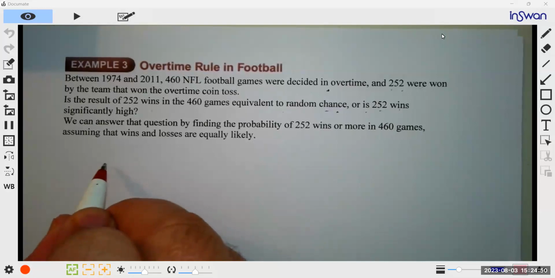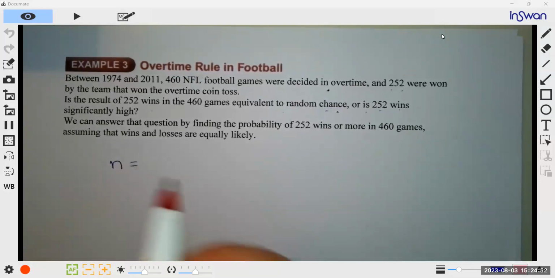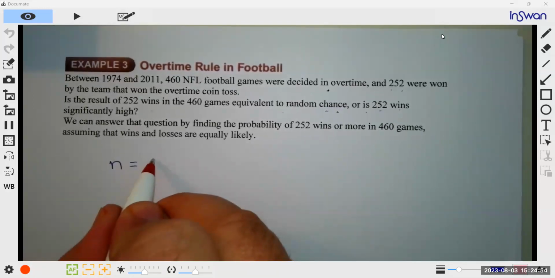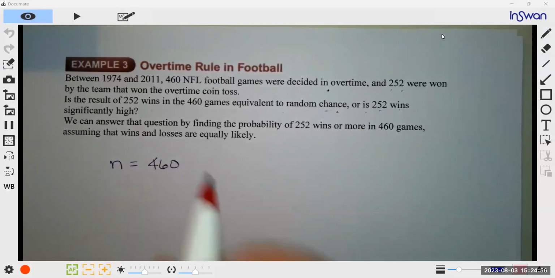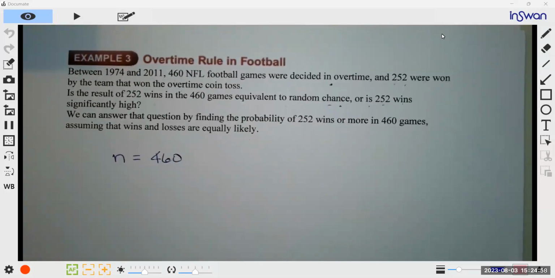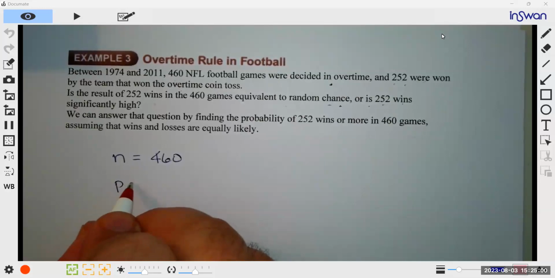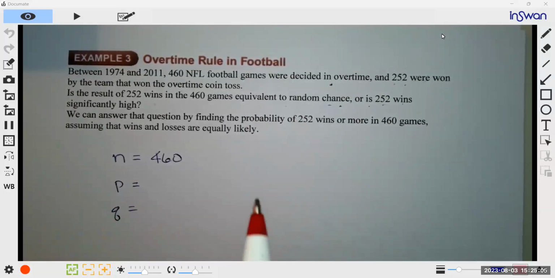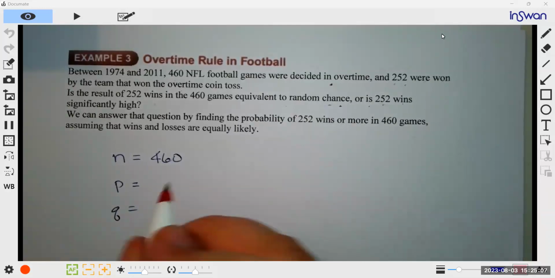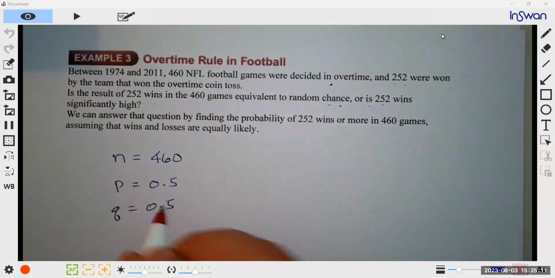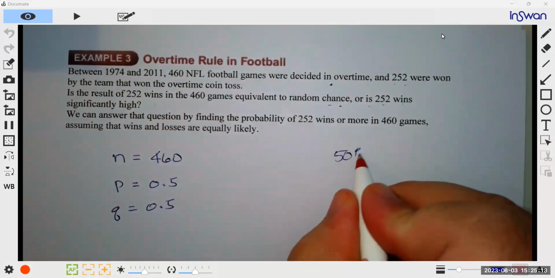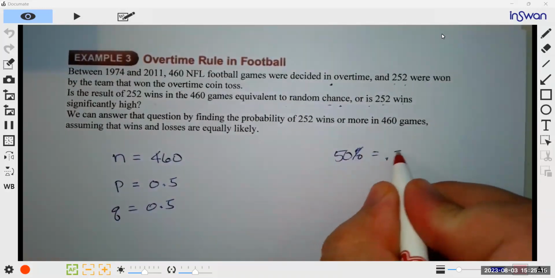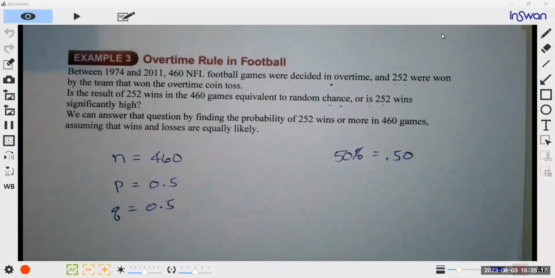So what do we know here? Our n is 460. That's the main total we have. The probability of success and the probability of failure, a team winning or losing, is both 50%. Remember, 50% equals 0.50.